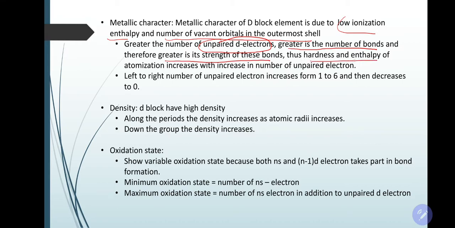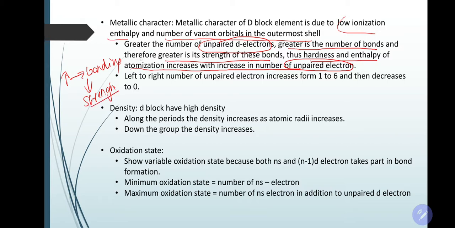Thus the hardness and enthalpy of atomization increase with increase in unpaired electrons. If the number of unpaired electrons is more, this will promote more bonding, and more bonding means more strength, that is, more energy is required to break the bond.